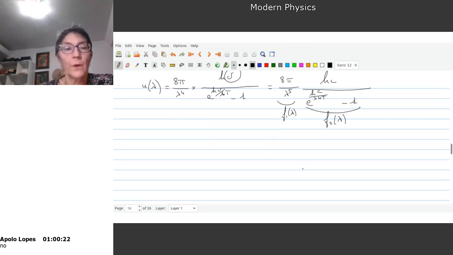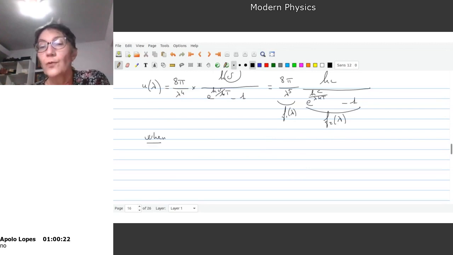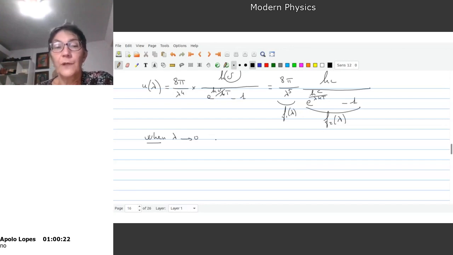8 pi over lambda 4. So we can see that, why do we avoid here the UV catastrophe? When lambda is very small, high frequencies, UV catastrophe.